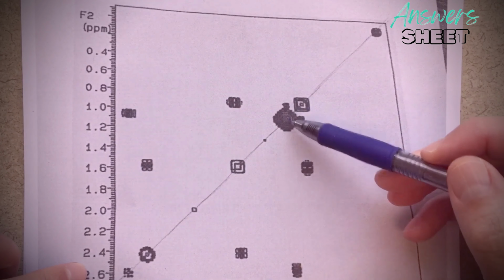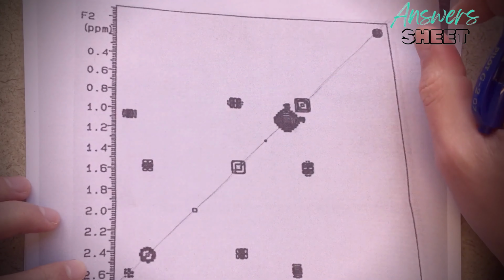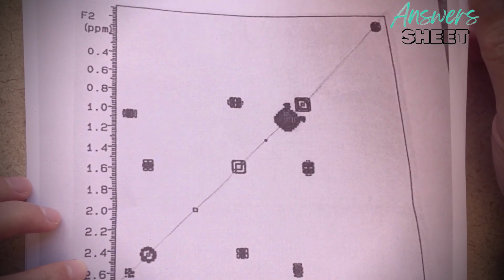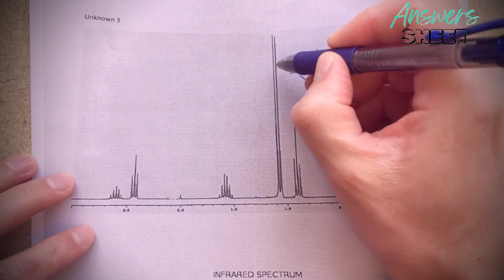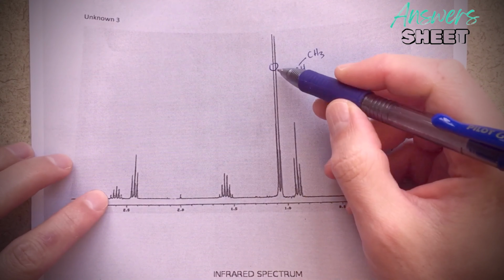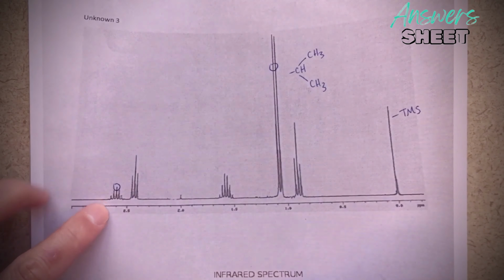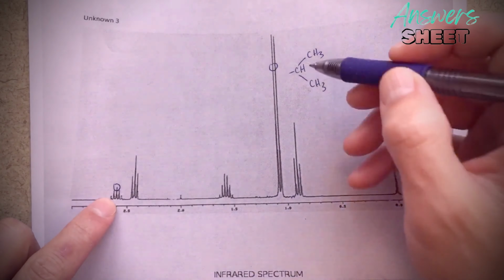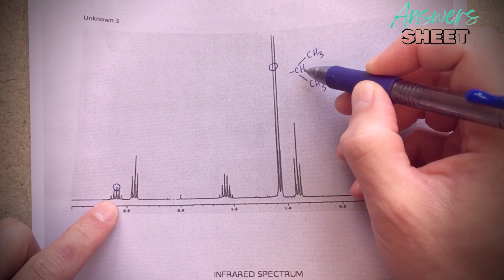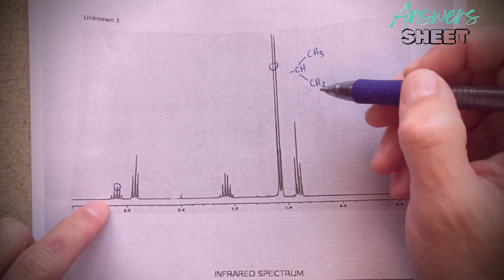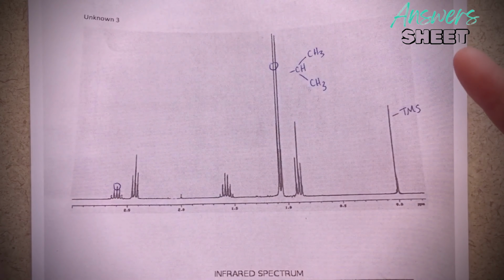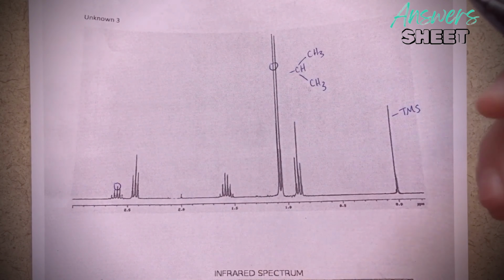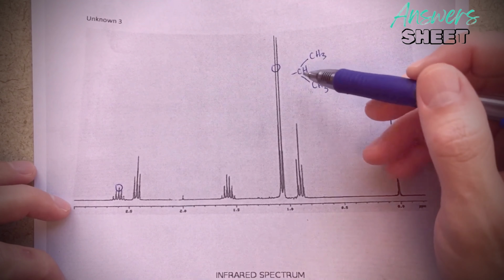That's telling me that this doublet is coupled to this peak way out here, which therefore must be this CH group. Looking at it, it looks like we've got 7 peaks here, and it should integrate 1 to 6. So all of those things put together tell us that we do have this isopropyl group.